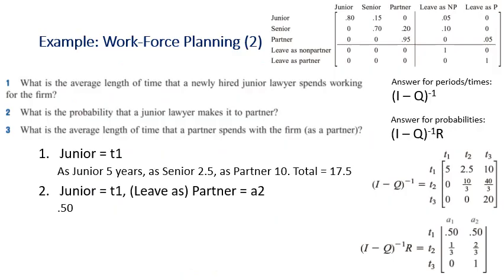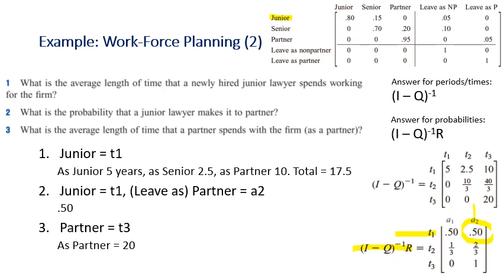Okay, so now for the second question, what is the probability? For probability, we need to look at this matrix. Probability of a junior, so that's the first row here, because the first row is a junior, leaving as a partner. Partner is the second absorbing state, so we are looking at this number, 0.50.